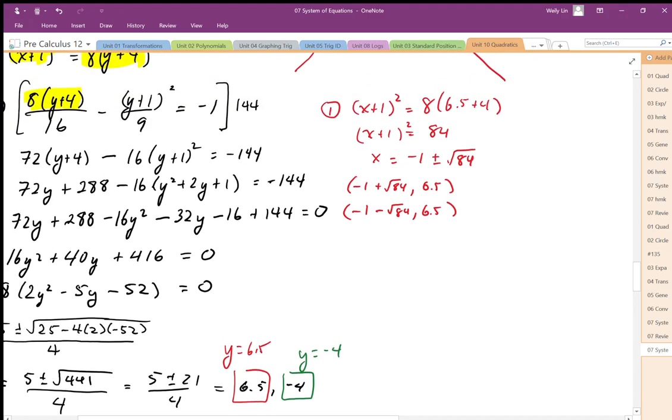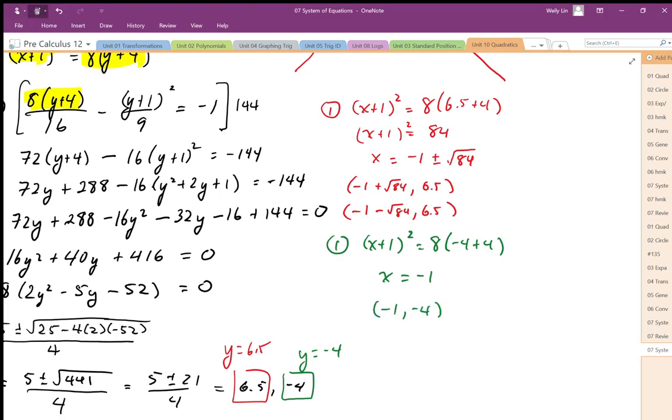Plugging that back into equation 1, I get x plus 1 squared is equal to 8 times minus 4 plus 4. That's 0, so x equals negative 1.